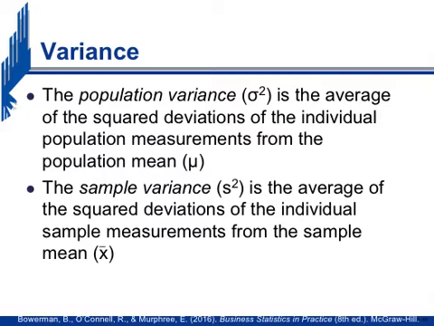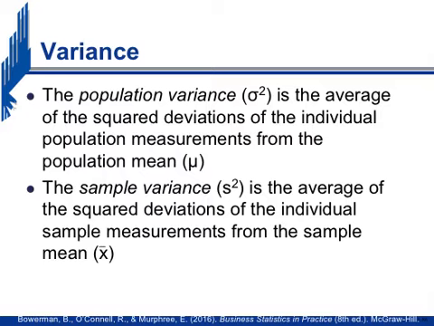Because for the range, you only look for the lowest and the biggest. It doesn't look at the values of all the measurements in between. Now, we have another computation called the variance, and this uses all the numbers in the dataset to compute for the description of the variation.